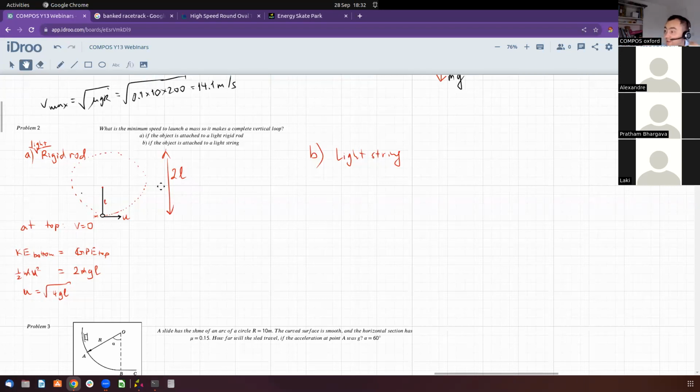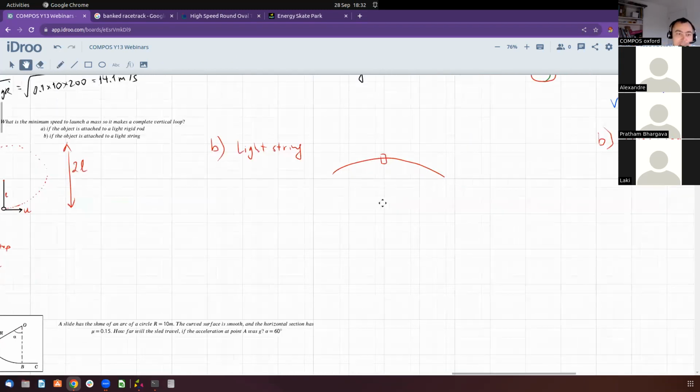It has to go faster. So at the top, does it take another route to get over the top, overcoming g? Yes, I think you're right. I think your calculation is correct. It's another root gL. With the light string at the top, you have to have enough speed.